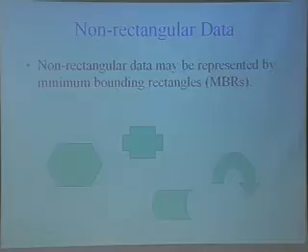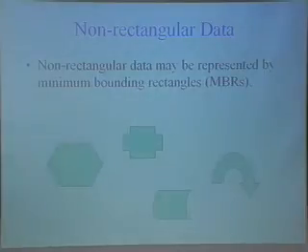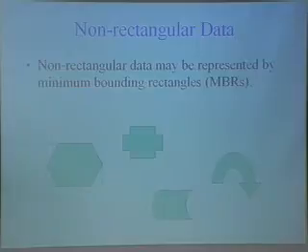Now you can use it to represent non-rectangles, objects that are not really rectangular also, by enclosing these objects in minimum bounding rectangles. So if I wanted to represent these 4 objects in my, say, 2-dimensional R tree, what I would do is I would bound this with what we'll call an MBR, minimum bounding rectangle, and I'll use this as kind of a surrogate for that.